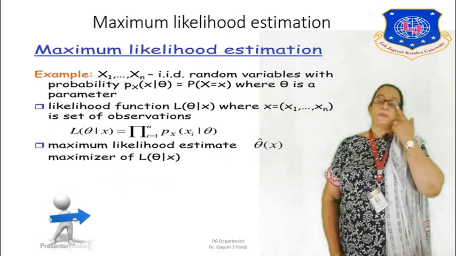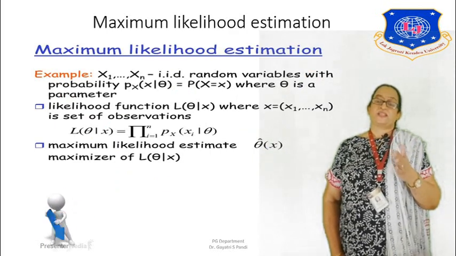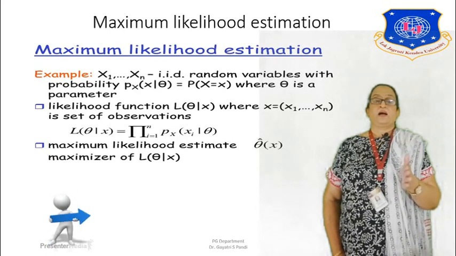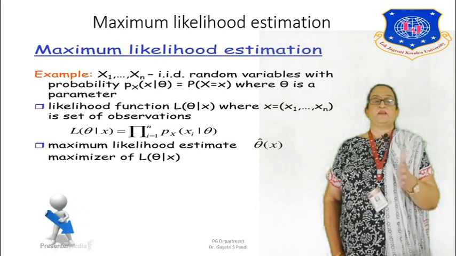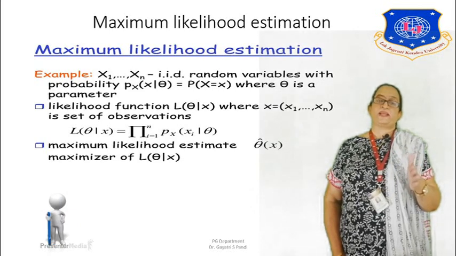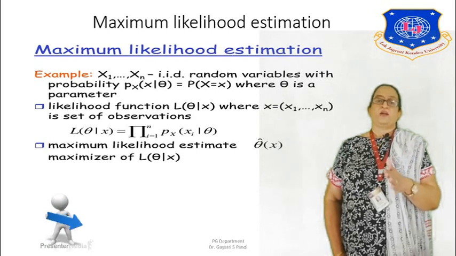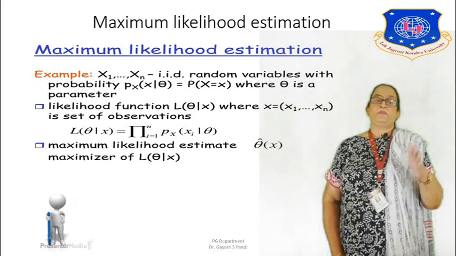Now there is a representation for maximum likelihood as we saw. Here x1 to xn is given, and there is a random variable with probability p of x given theta, where theta is a parameter.